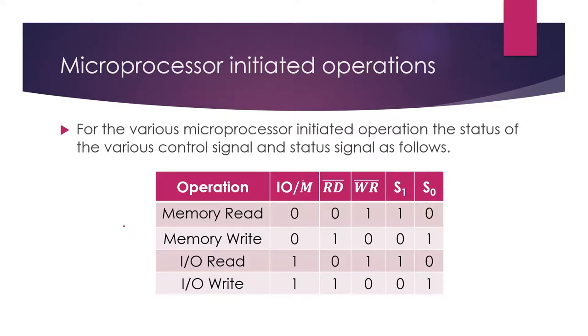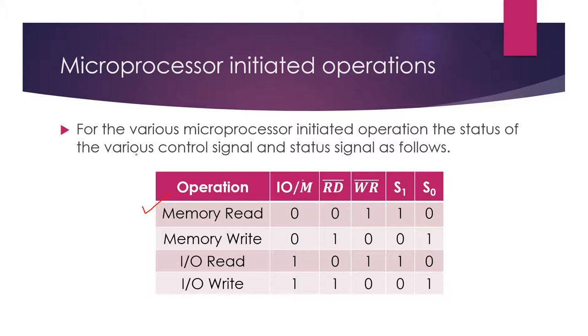To perform these memory read, memory write, IO read or IO write operations, it has to use certain pins of the 8085 microprocessor, such as IO/M bar, read bar, write bar, and status pins S1 and S0. Let us look at the memory read operation. The microprocessor is communicating with the memory, so the IO/M bar pin goes low.